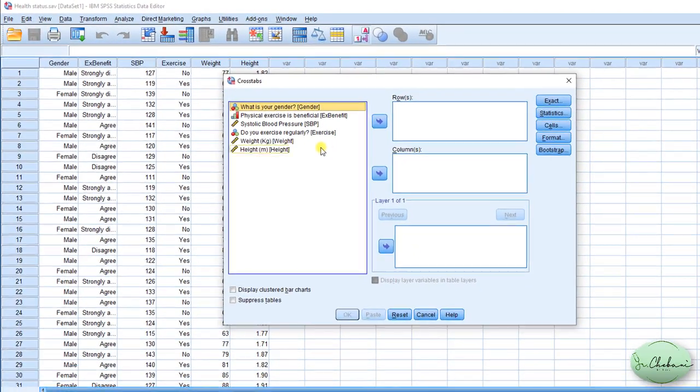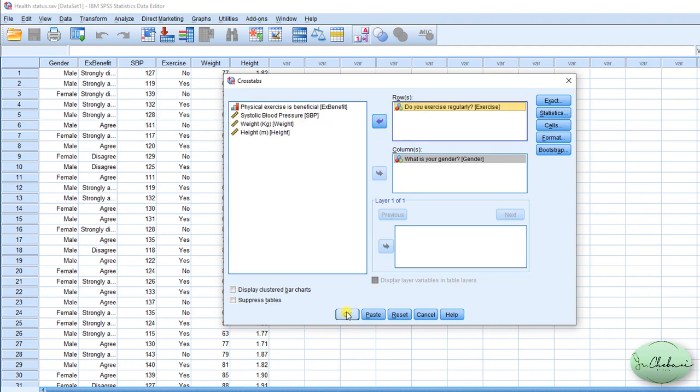And we are going to create the same table that we saw in our example. So on the columns, the independent variable, we need gender. So gender will go on the columns, and then "do you exercise regularly" will go on the rows.